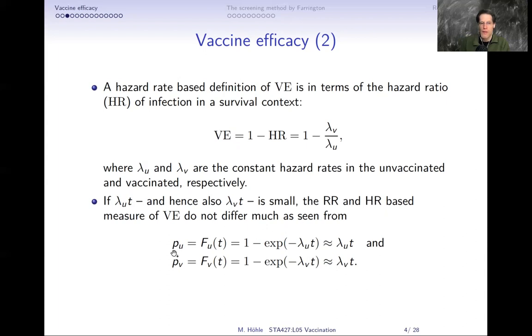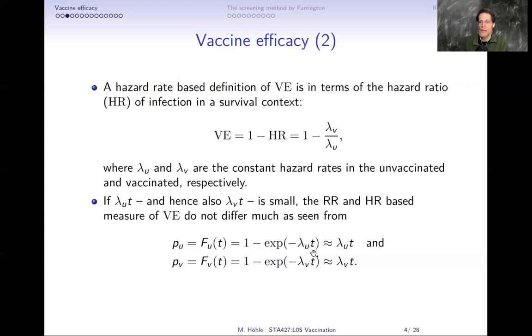The risk of infection, the proportion of those who are infected in the unvaccinated for a given interval from 0 to T, is also the cumulative distribution function evaluated at T for the unvaccinated. And if, as we have here, the hazard is constant, which is of course debatable over time, but if it is, then the resulting exponential distribution has a cumulative distribution function equal to this.